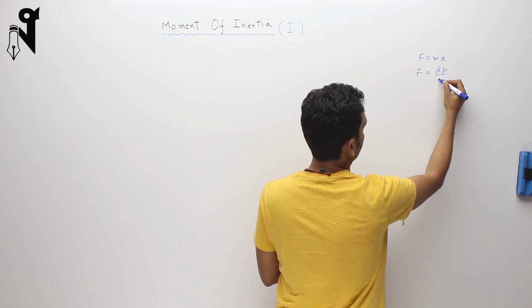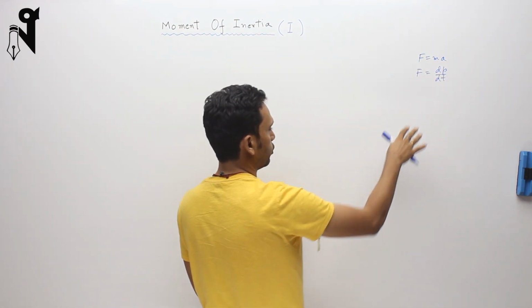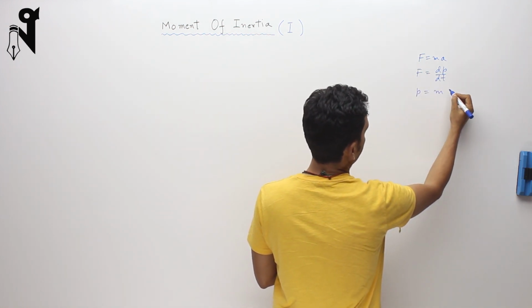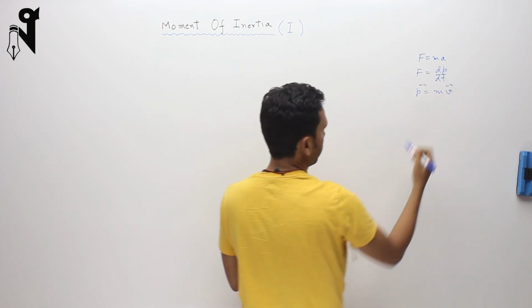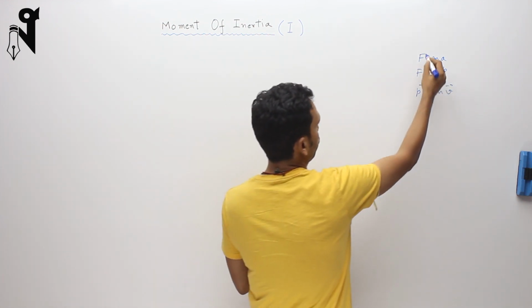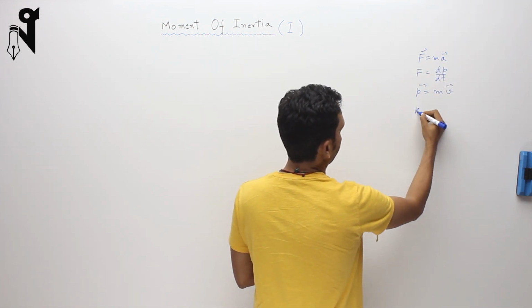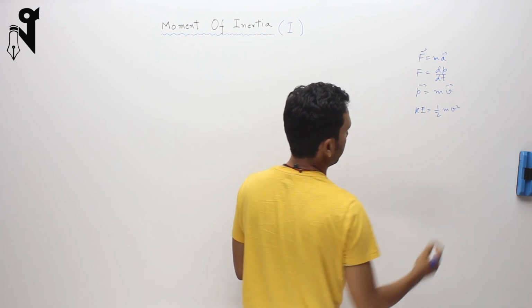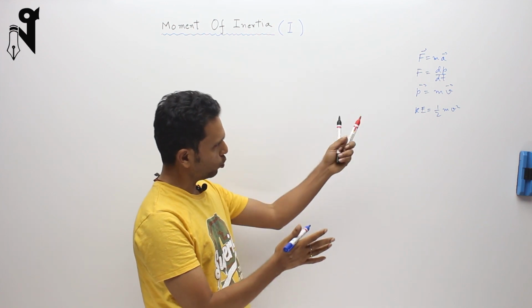So this and this are the same thing. Your mass times velocity gave you the momentum, a vector in the direction of the velocity. Force is also a vector in the direction of the acceleration, and you had your kinetic energy as half mv square. These were enough to solve any question.